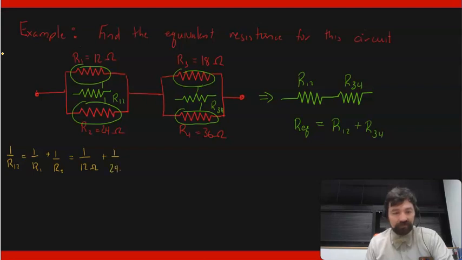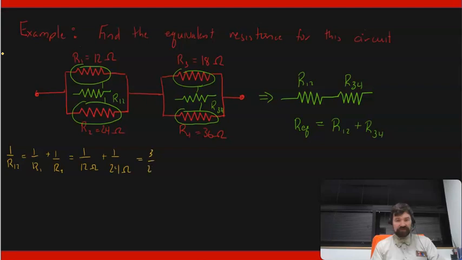And recall that 24 is 2 times 12. And so I have 2/24 plus 1/24, which is 3/24 ohms. And that means that 1 over our equivalent is 3/24. And so R12 would be 24/3 or 8 ohms.